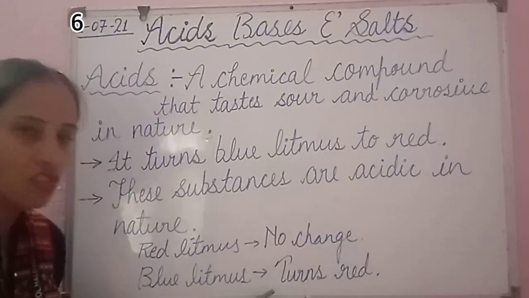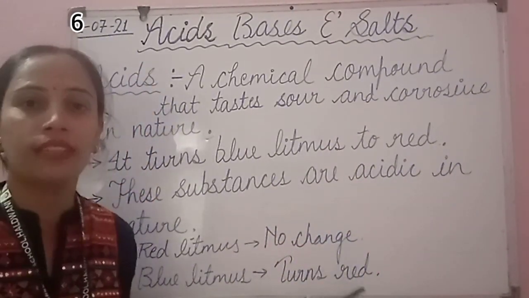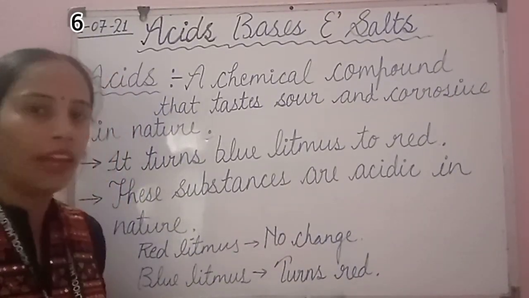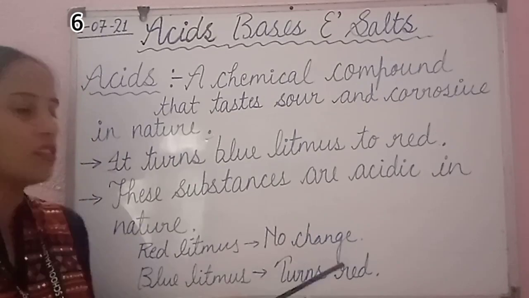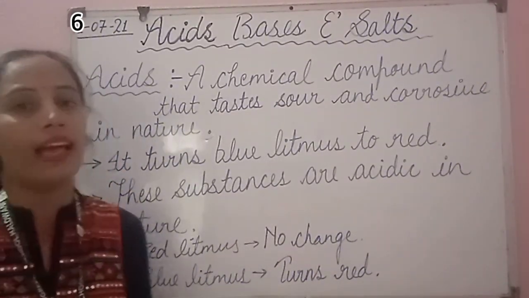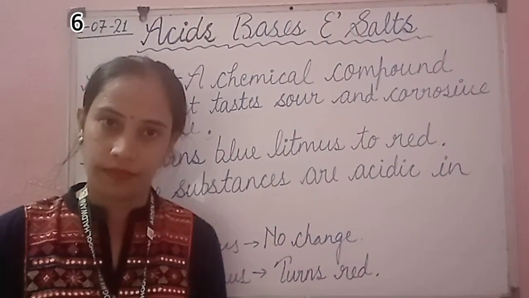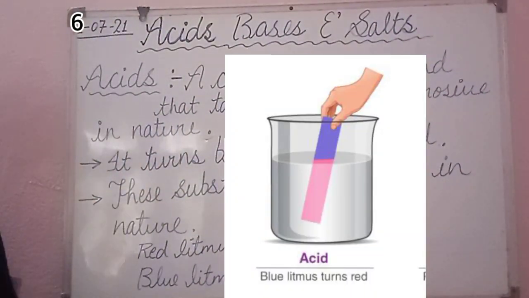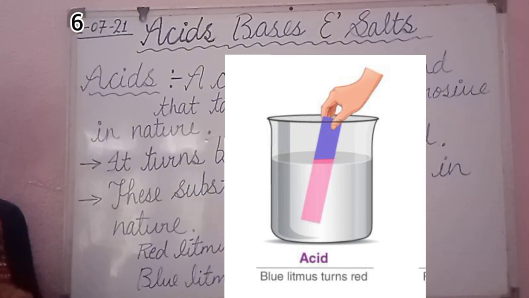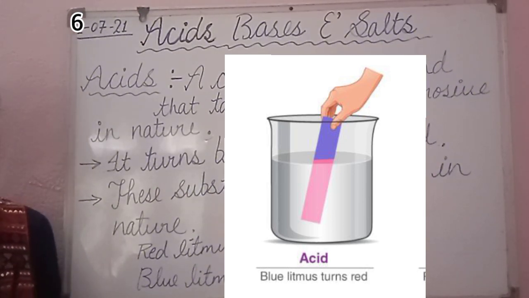So this change indicates the presence of acids. When the blue litmus changes into red color, it indicates the presence of acid in it. You can see this with the help of this figure also. Here you can see when we dip in a beaker, there is an acid present. When we dip the litmus paper in it, its color changes to red. Clear, students?